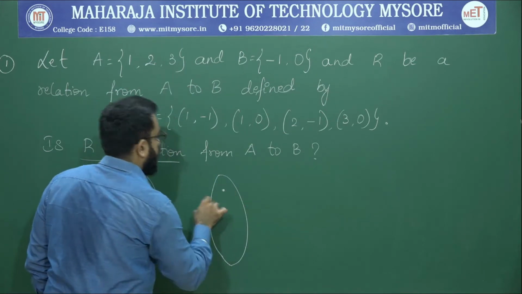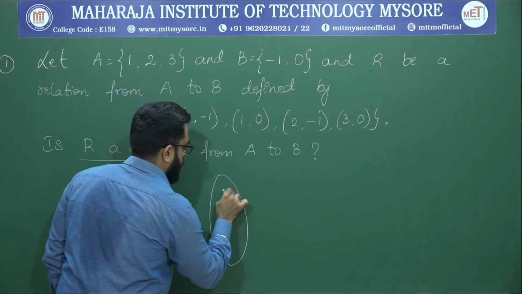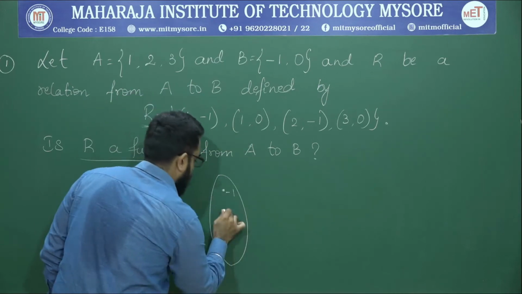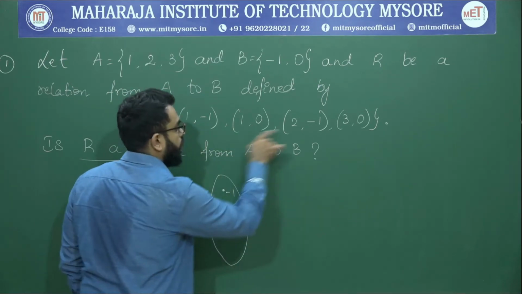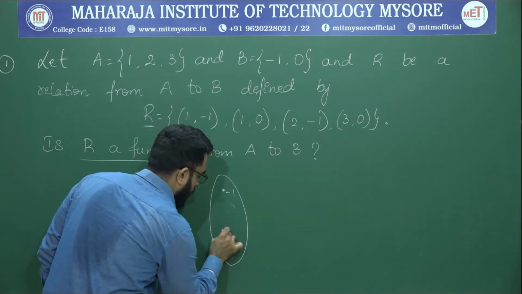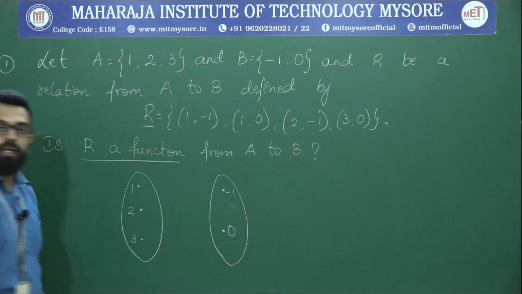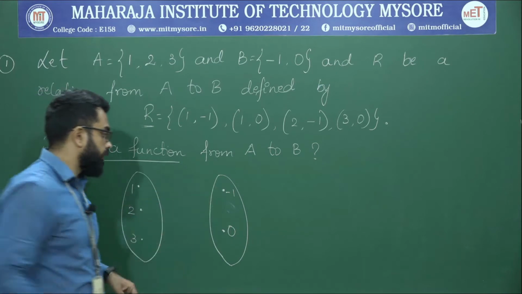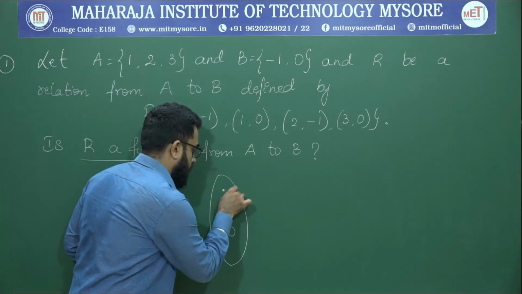What about set B? It is -1, 0. We already have -1, so it is only -1 and 0. We have two elements in set B, -1 and 0.